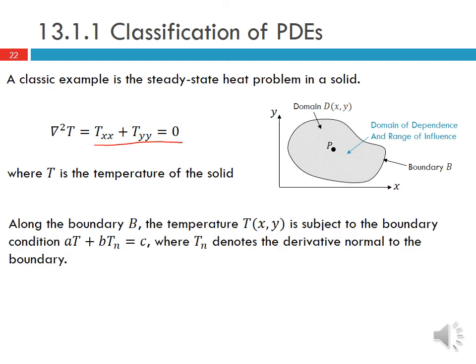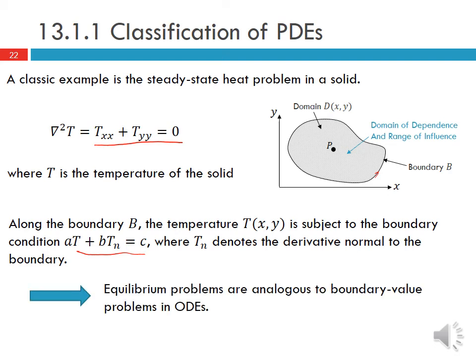Along the boundary, which is denoted B, the temperature is subject to the boundary conditions, which can be described as here, where Tn denotes the derivative normal to the boundary. So equilibrium problems are analogous to boundary value problems that we studied in ordinary differential equations.